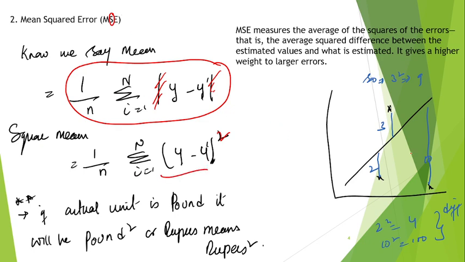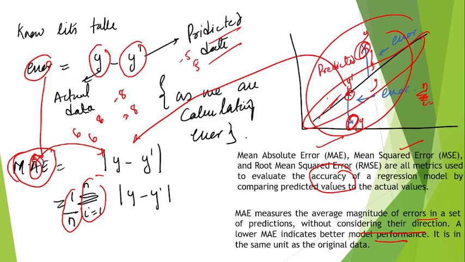And why is it given that? Let's take an example here. Dimensions: if it is pound, after calculation it will be pound. If it is rupees, after calculating it will be rupees. If it is Indian rupees or any dollar sign, after calculating it will be dollar sign.